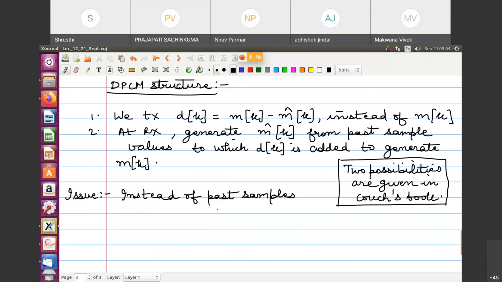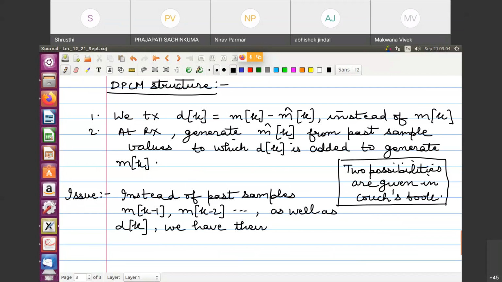That is, instead of past samples m of k minus 1, m of k minus 2, as well as d of k, we have their quantized versions. This is the problem. Why? Because once you have d of k available with you, you are not going to transmit d of k as it is. You will be quantizing it and transmitting.